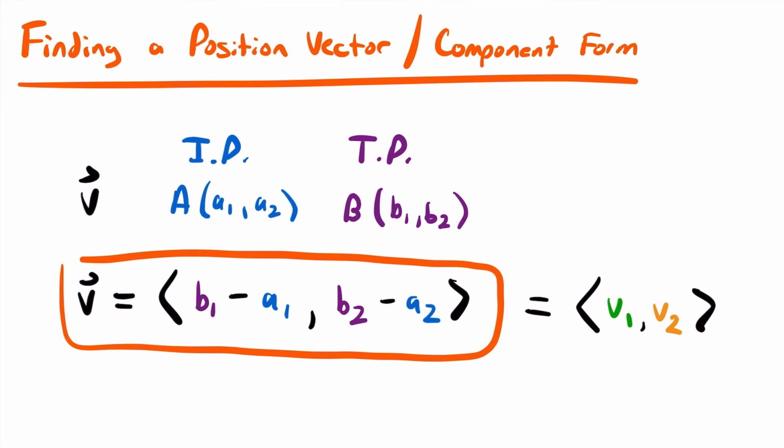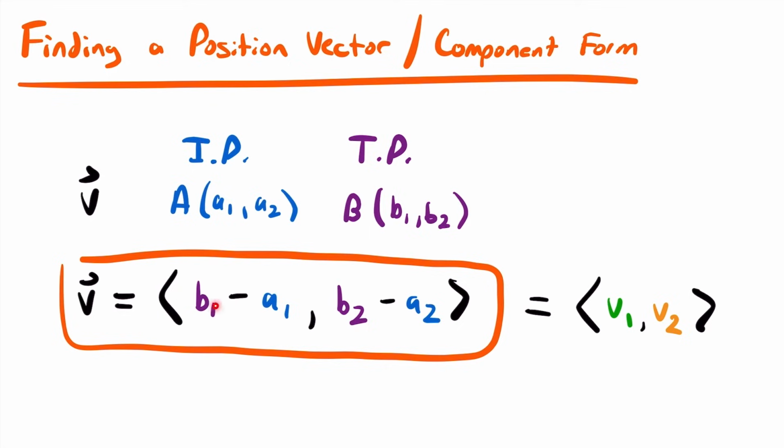Okay, now if we wanted to calculate the magnitude of our position vector, it actually becomes a little bit easier than it was before when we were only working with initial points and terminal points, right? Remember that we were using the distance formula where we had the differences of our x and y coordinates, but we were taking the square root of the sum of those differences squared.